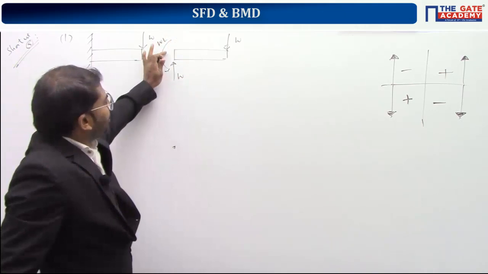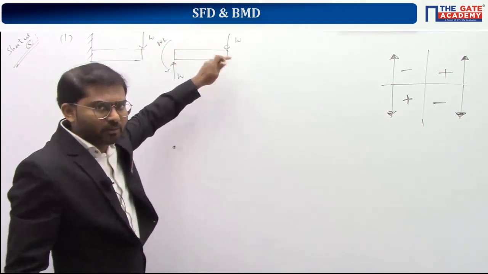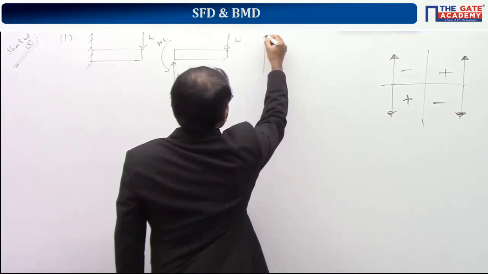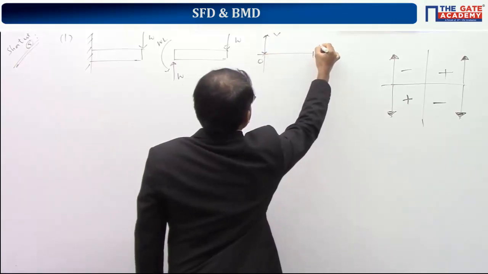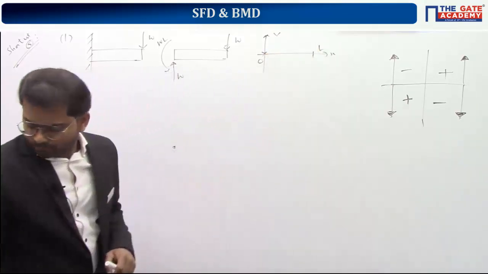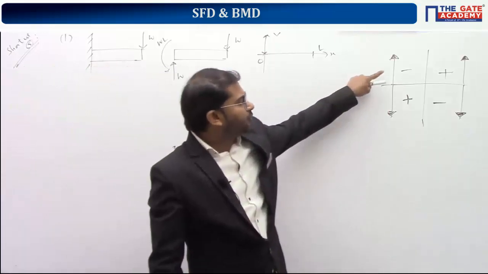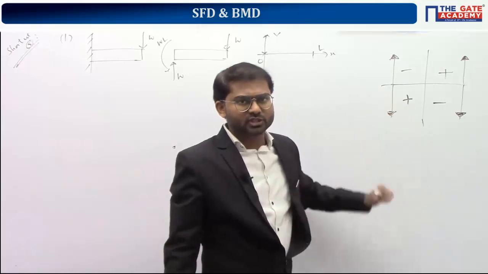So here moments are acting and point loads are acting. There is no uniformly distributed load along the length, so you can apply this shortcut. So here, if I am drawing the shear force diagram from left side to right side, upward acting force will cause decrease of shear force, downward acting force will cause increase of shear force.